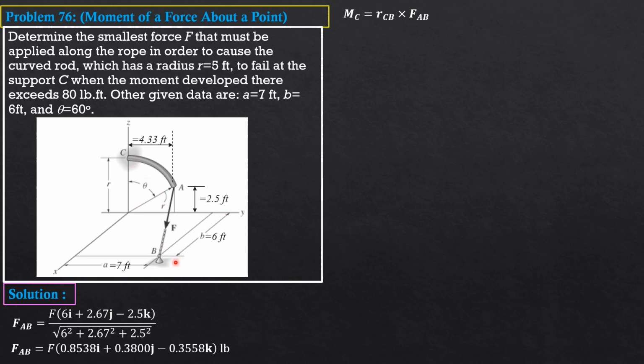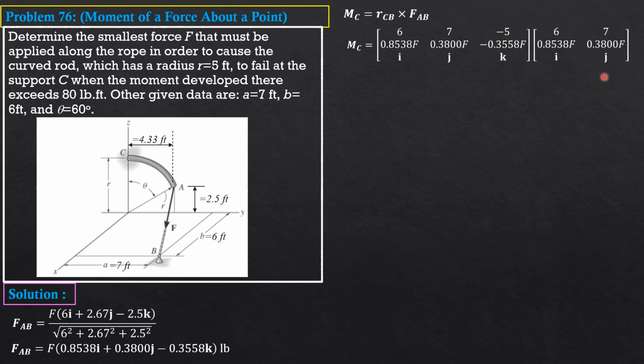6i, then plus 7j, then minus 5k. M_C is 6, 7, negative 5, then the components of force, 0.8538F, 0.38F, then the unit vectors ijk, and copy the first two column elements. So along i, 7 times negative 0.355F, then minus negative, so plus 0.38F times 5.